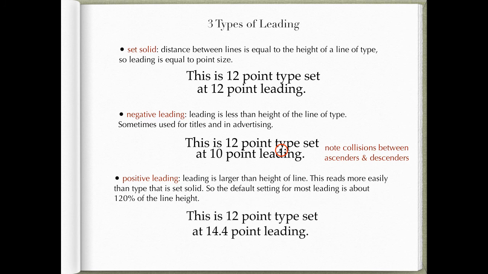And then positive leading, and generally on Microsoft Word or Adobe InDesign or something, leading will be set at 120% of the line of type. Now, if you're working with a title or a caption, or you're working with a layout, you may find yourself adjusting the leading a little bit. With positive leading, particularly at 120%, we've got just enough space between ascenders and descenders that the eye has plenty of things to stop on.